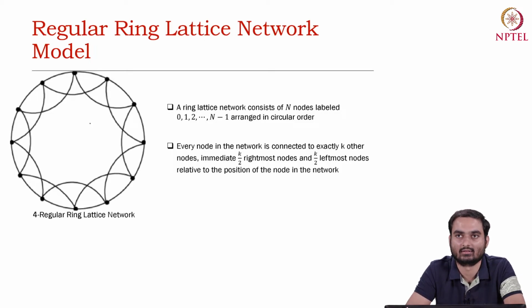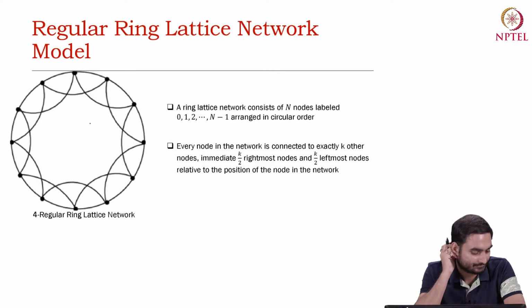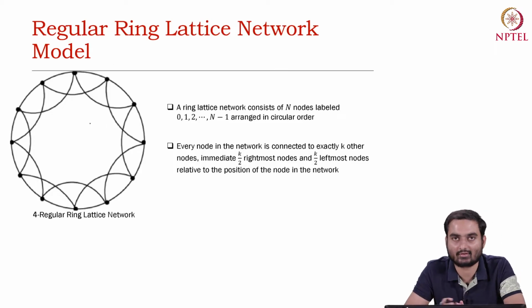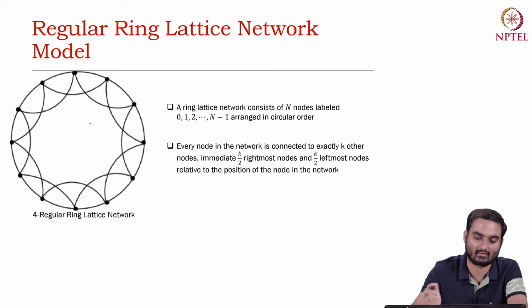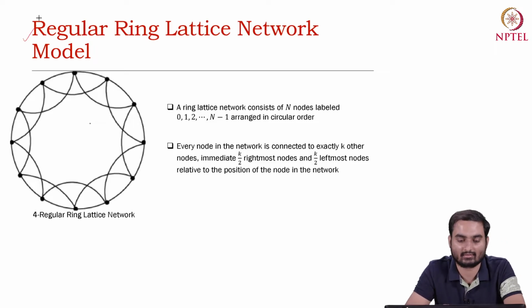Nevertheless, the final observation is that the ER model, the random growth model, is not enough because of the non-scale free property and the clustering coefficient, which is quite low. In order to address these two problems, other models were proposed later, and one such model was the regular ring lattice network model.